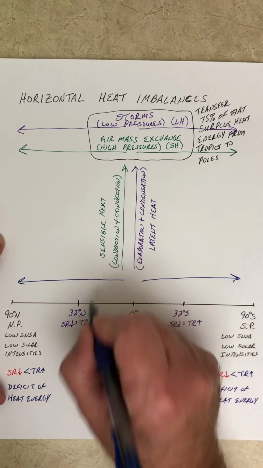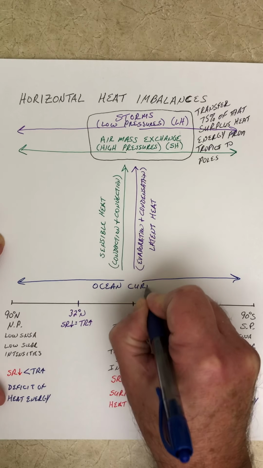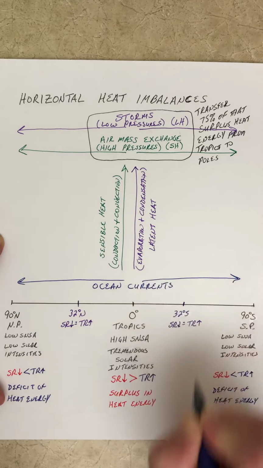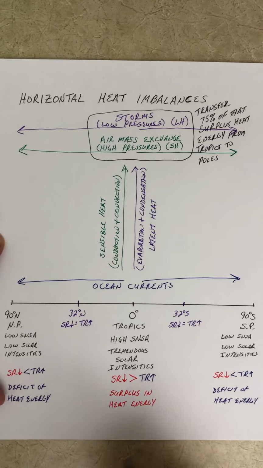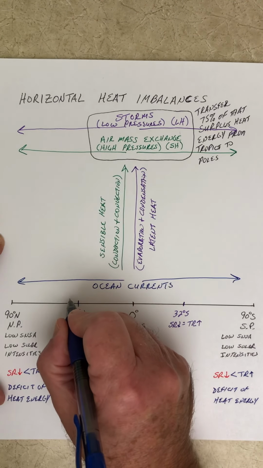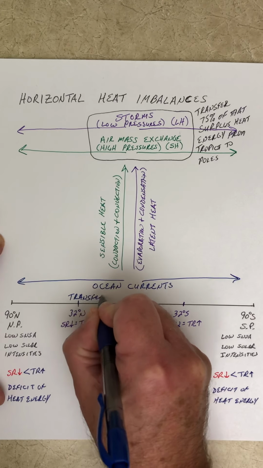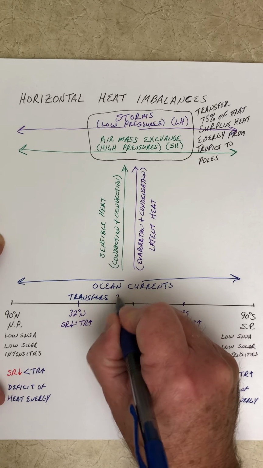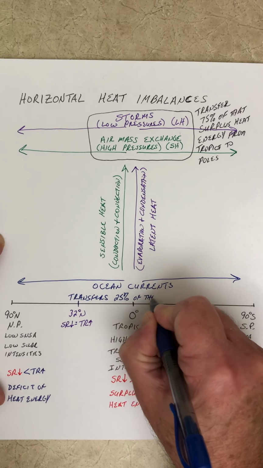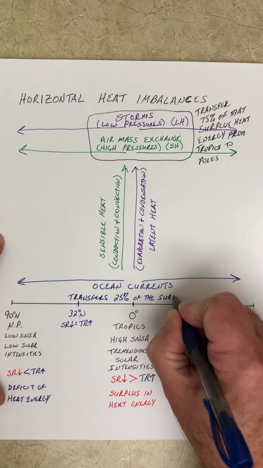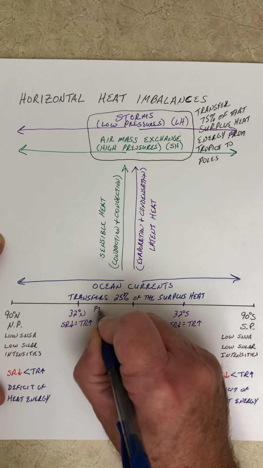Ocean currents will also transfer some of this surplus heat energy from the tropics to the poles. In fact, as we mentioned before, this will transfer 25% of the surplus heat energy from the tropics to the poles.